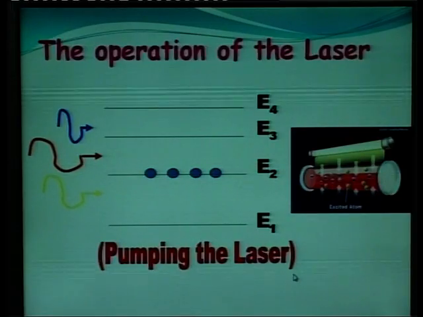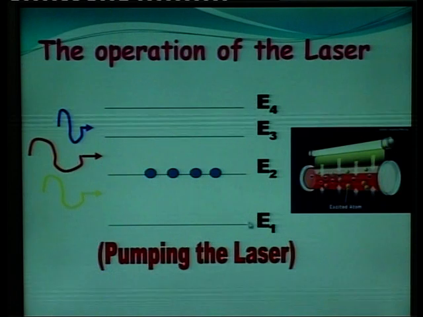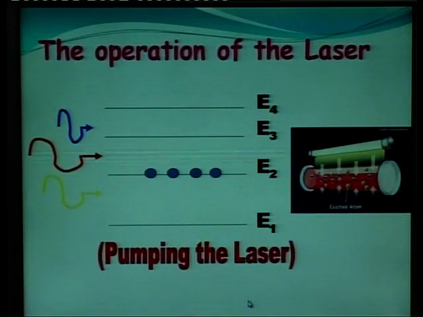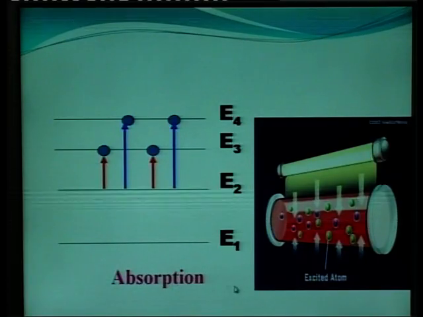What do we mean by pumping? We have to excite atoms from the ground level to the higher energy shells. This is what we mean by pumping the laser. This is achieved by absorption. Atoms or electrons absorb energy and jump to higher energy levels.